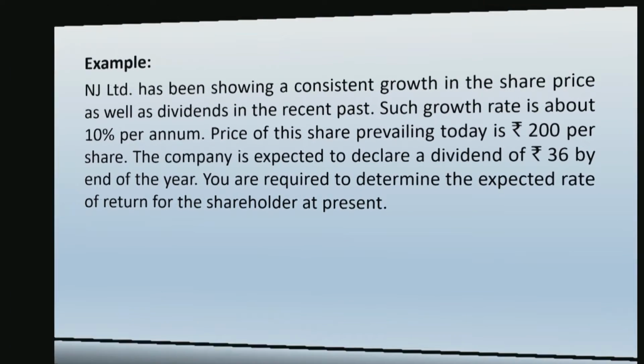So just go ahead and understand the first line. Expected price of the share by year end, that is P1. It is not given to you directly, but growth rate is given and the current market price is given. So 200 is the current market price. On that you are adding 10% growth. So P1 becomes 220.